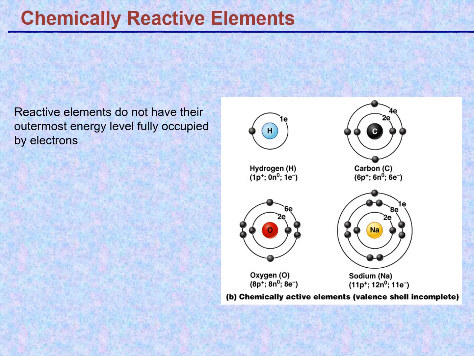Their outermost energy valence shell or energy level orbit is not fully occupied. Here with hydrogen it's only 1. Here with carbon you have 4, not 8. Here with oxygen you have 6 electrons in the outermost shell, not 8. And with sodium you have 1.